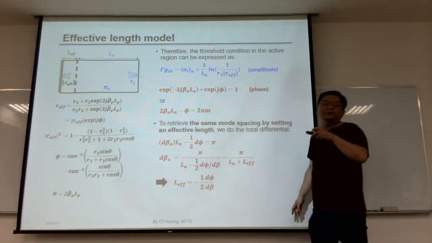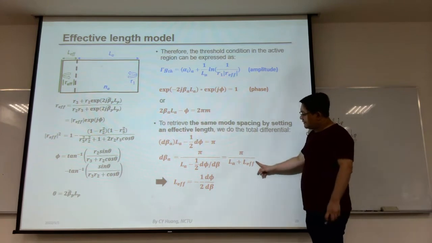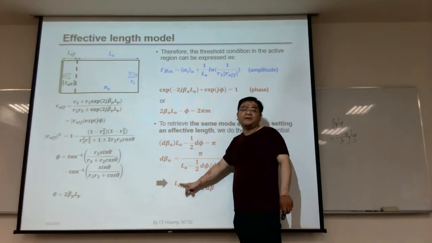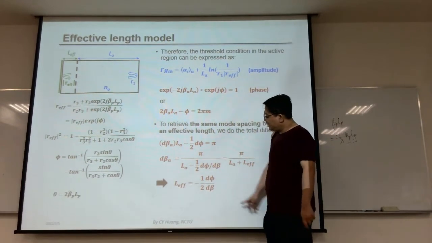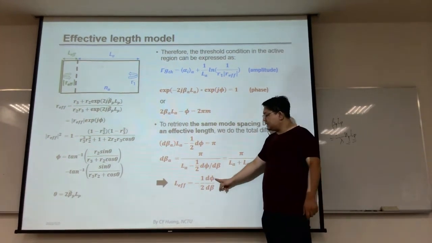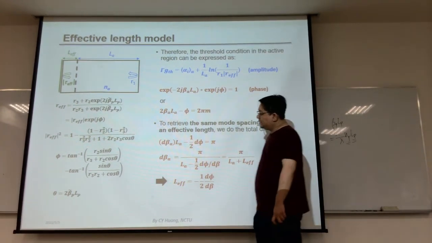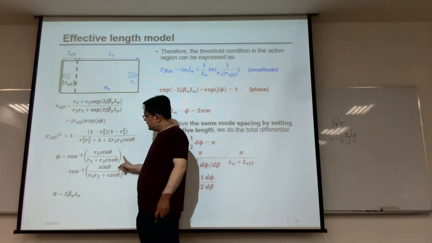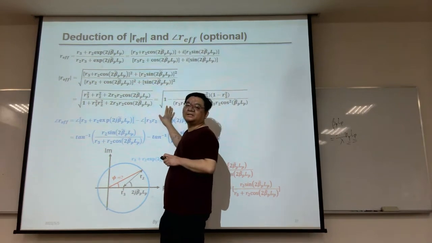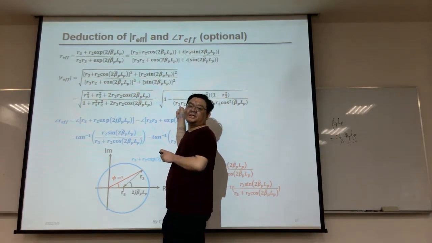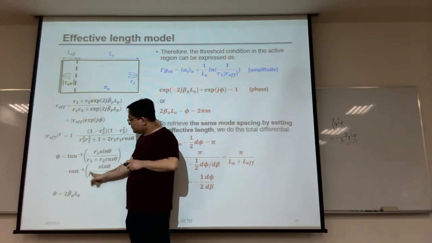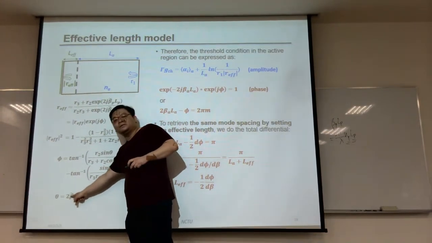After comparison, the effective length should be L_eff equals one half times minus d theta over d beta, where theta is here. This tedious part, try to repeat it by yourself, you will have a stronger understanding.